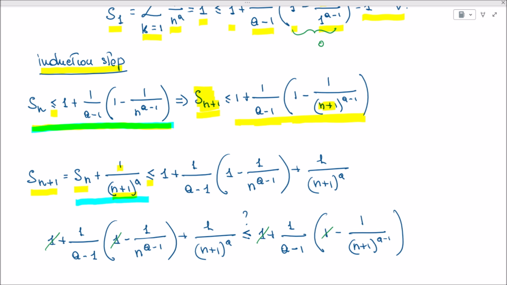But if we replace S n with the right-hand side of this inequality, we can say that all this is less than or equal to 1 plus 1 over a minus 1 times 1 minus 1 over n to the a minus 1, plus 1 over n plus 1 to the a. Okay, we can do that. I'm just replacing S n with the right-hand side of the inequality.